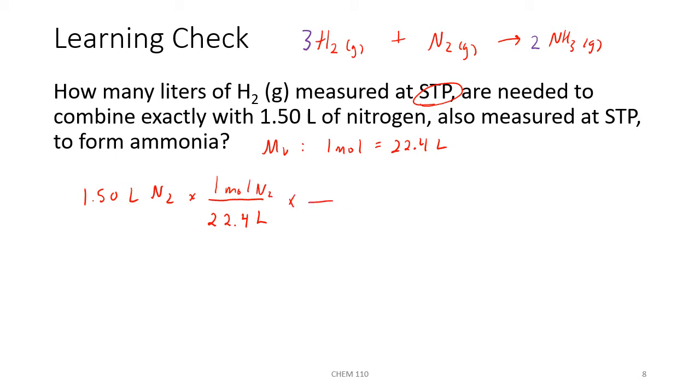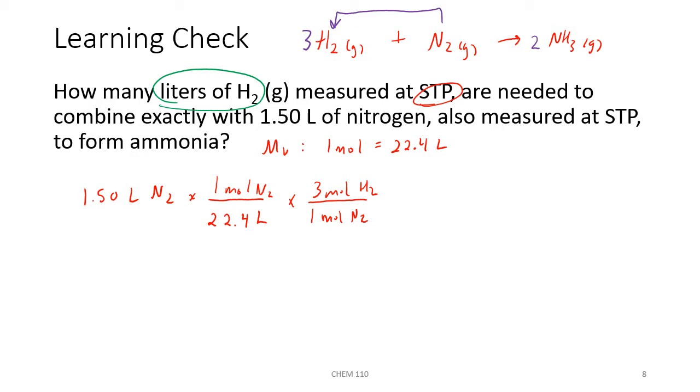Now that we're in units of moles, we could go from nitrogen over to hydrogen by using our balanced chemical equation. 1 mole of nitrogen reacts with 3 moles of hydrogen. And we're trying to determine the number of liters, the volume.